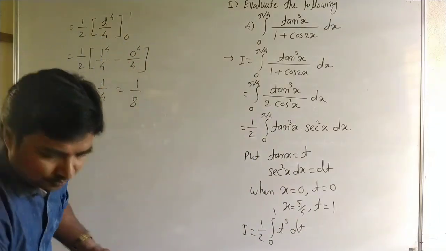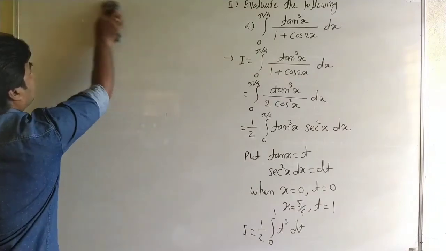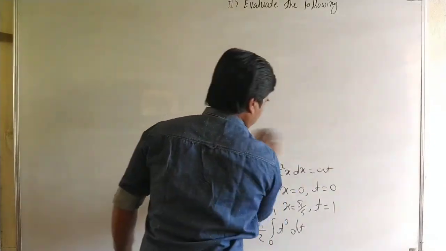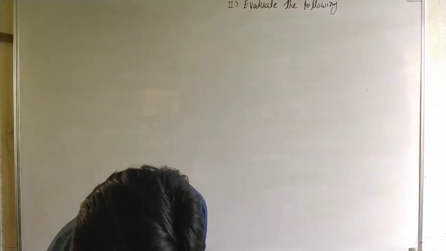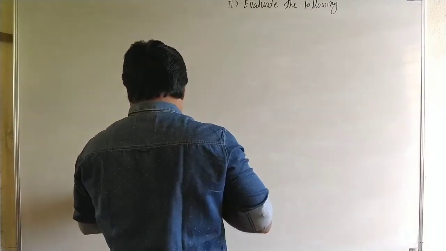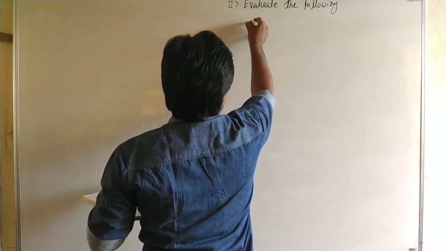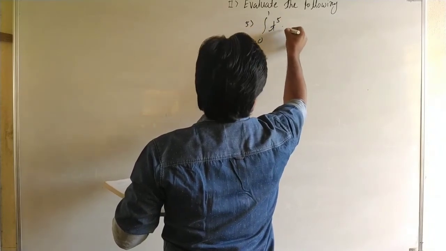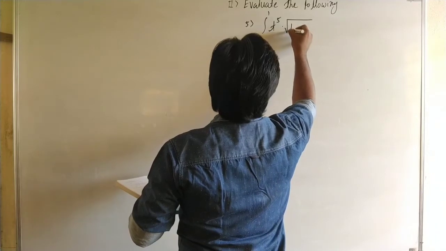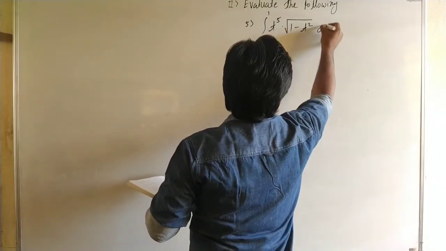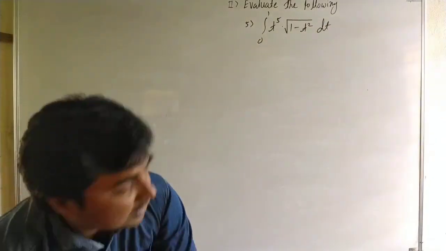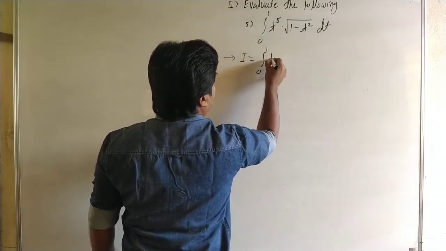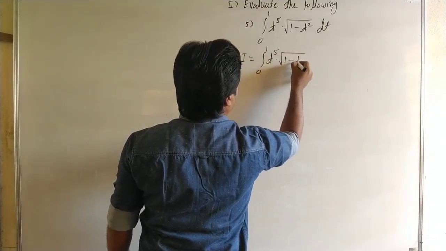Now the next example. The integral from 0 to 1 of t to the power 5 into under root of 1 minus t square dt.